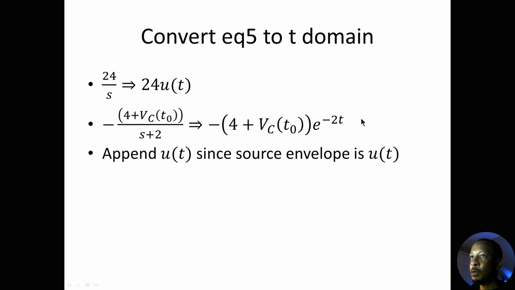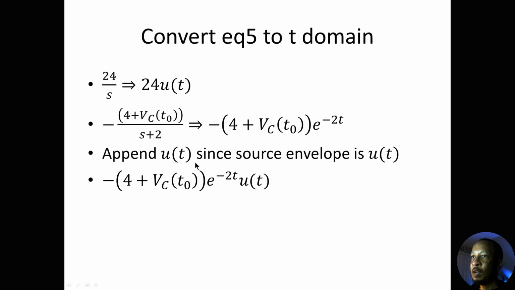Now, again, with these conversions here, if you look into any circuit theory textbook that covers Laplace transforms, they will have this information there for you for the conversions. So that is where I'm getting this from as a reference.